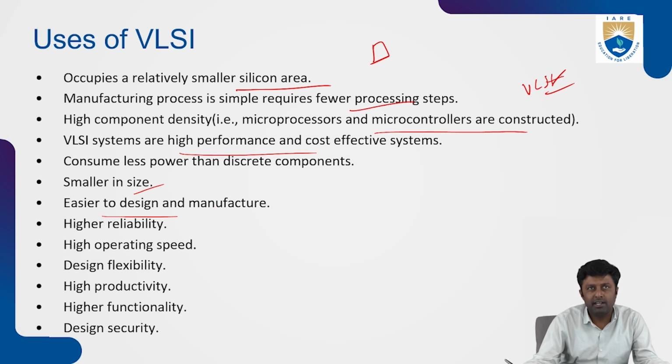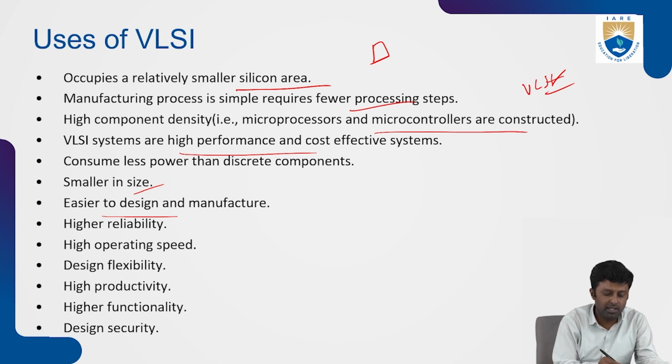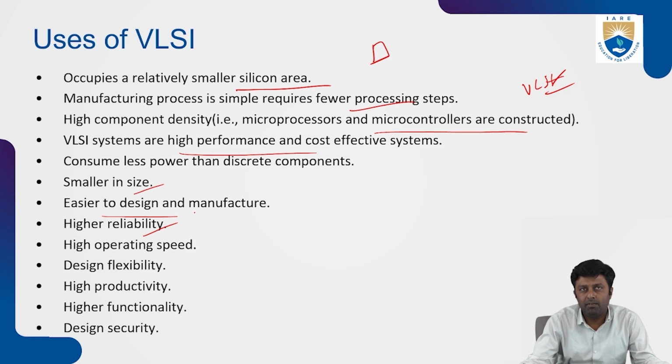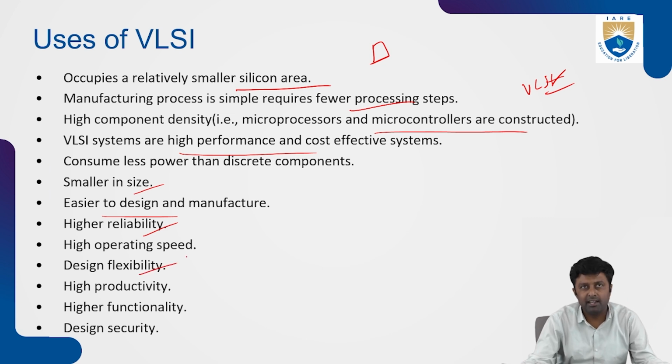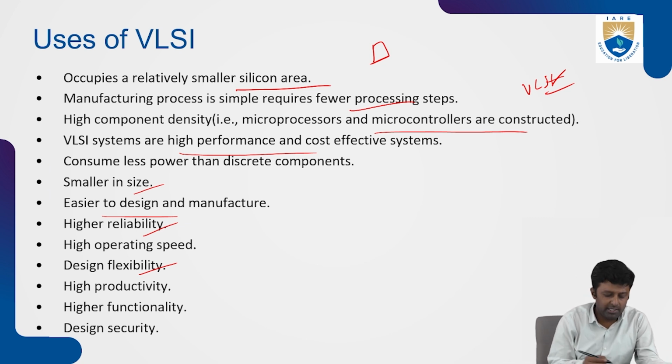Then there is higher reliability, so VLSI ICs are highly reliable, with high operating speeds. Design flexibility is there as well: once we have done a design, we can use the same thing again and again, and we can also reconfigure it. That is the advantage.